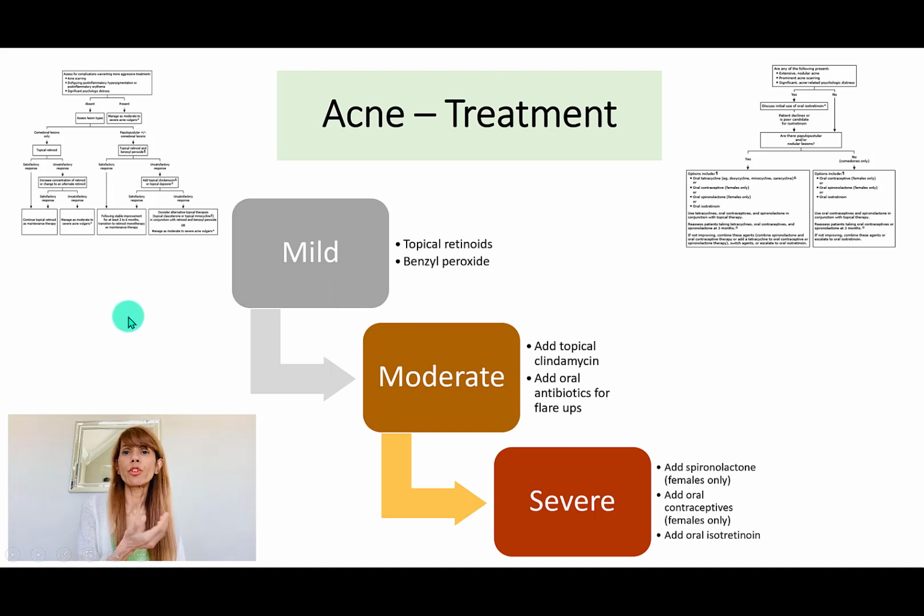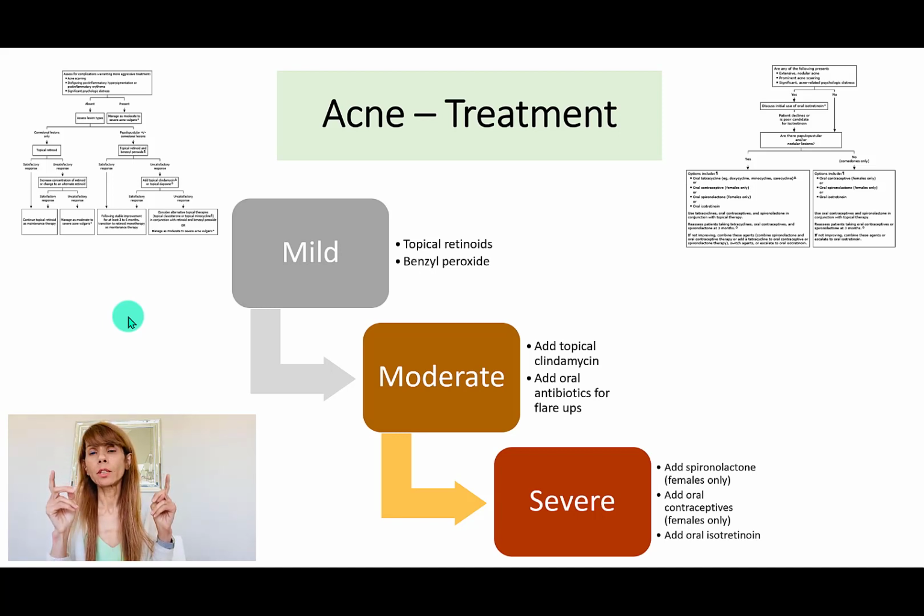For mild situations, we can do topical retinoids, benzoyl peroxide, and things like that to exfoliate the skin. For moderate acne, we can continue the treatment previously mentioned, plus we can add oral antibiotics and topical clindamycin or things like that. For severe acne, we can do oral retinoids, for example, Accutane or something like that, but it is highly toxic, so we need to make sure that we watch for the side effects.